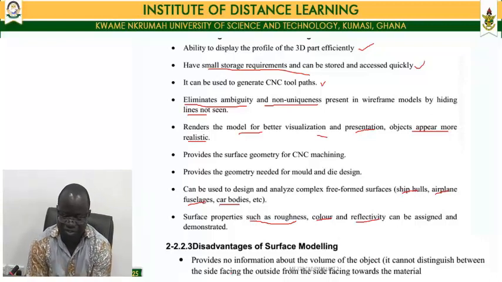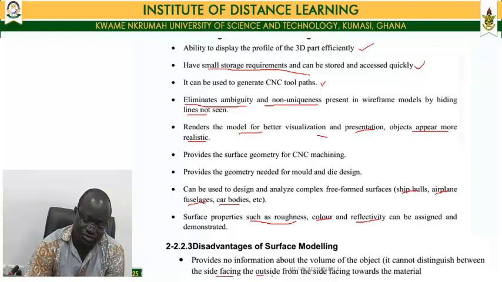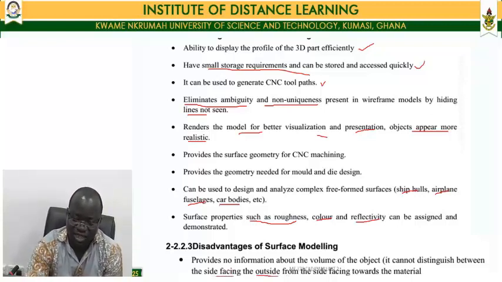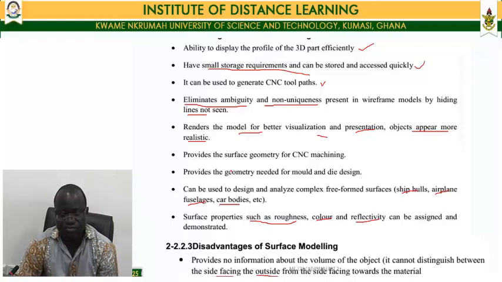Once you have the surface representation, if you go into the system information, you are not able to distinguish between this surface and the other surface facing a particular direction. That is the little disadvantage of the surface model.